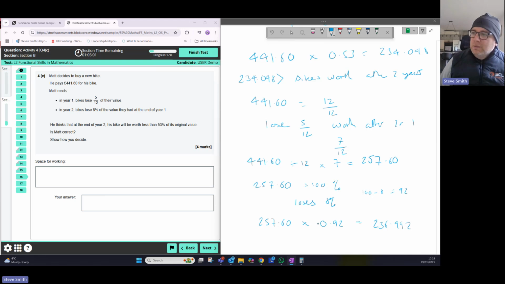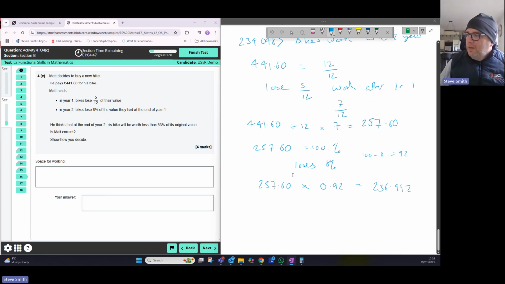He said it was going to be worth less than 53% of its original value. So he said that £234.048 was going to be the biggest value his bike was worth, and his bike was going to be worth less than that.